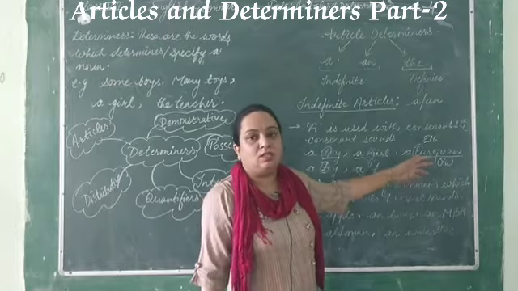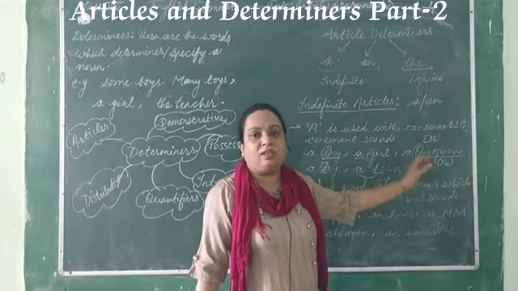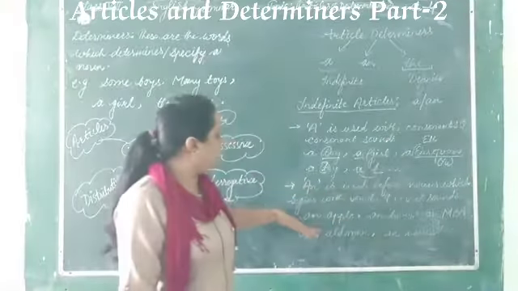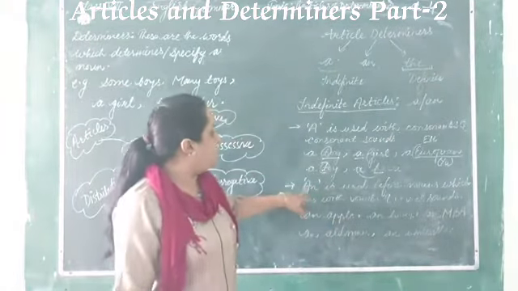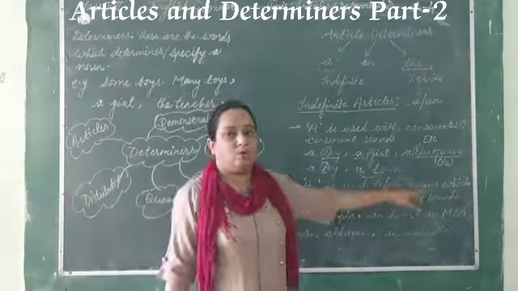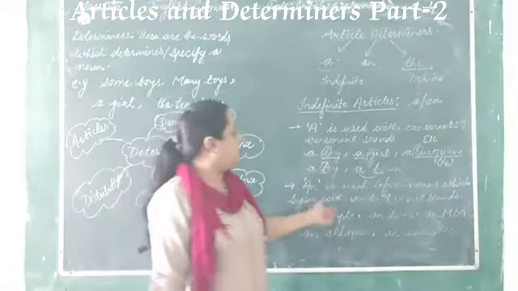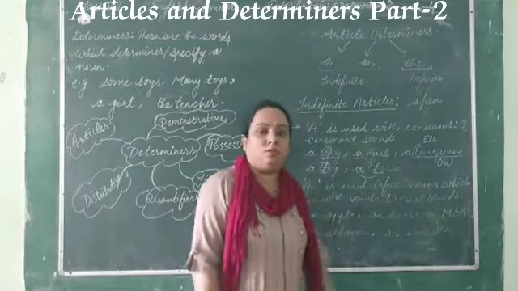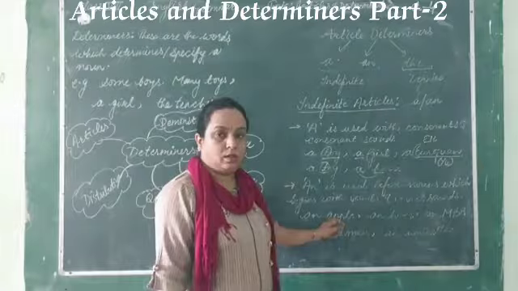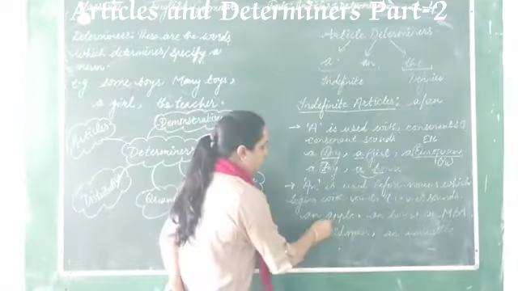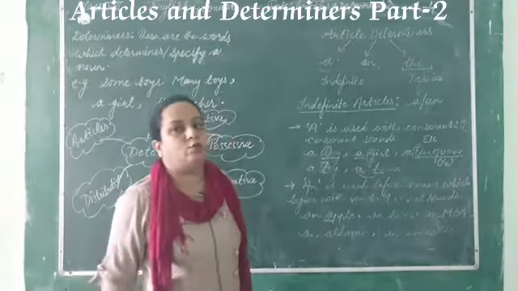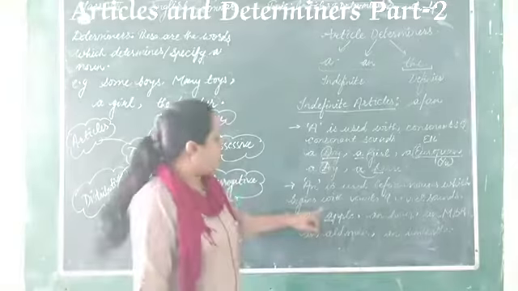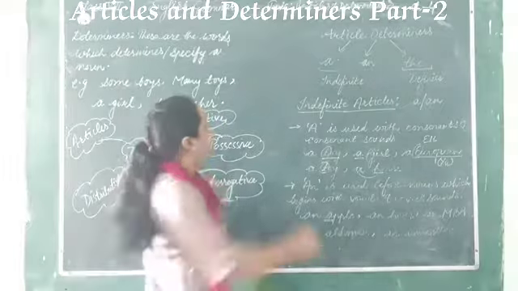A, because this is not favoring the consonant sound. Clear? An is used before a noun which begins with vowels or vowel sounds. An apple. When we talk about apple, generally you eat an apple. What will you say? Not oh, apple, but an apple.